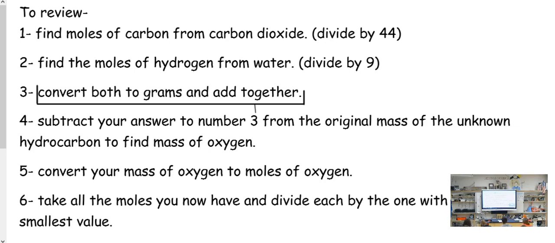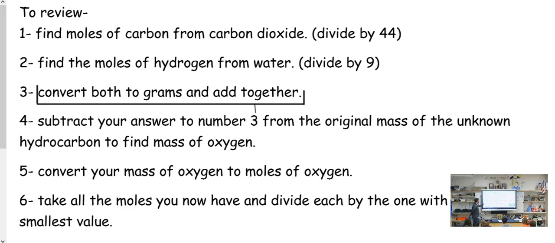Step 4, subtract your answer to number 3 from the original mass of the unknown hydrocarbon to find the mass of oxygen. I wish we had 10 more minutes in this class, not 3. Number 5, convert your mass of oxygen to moles of oxygen.